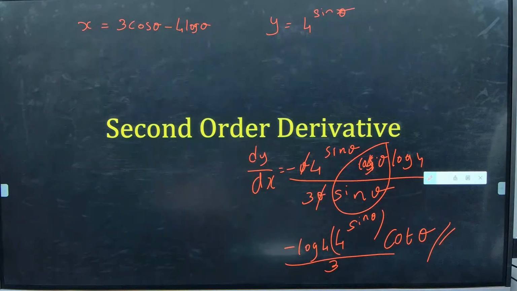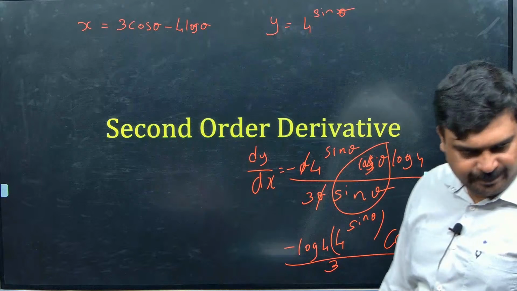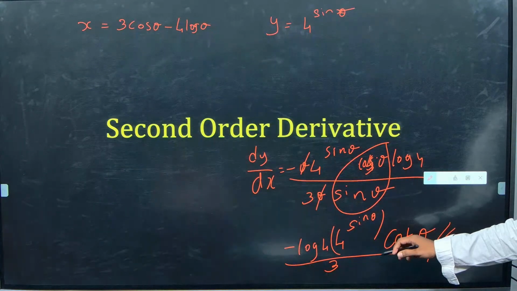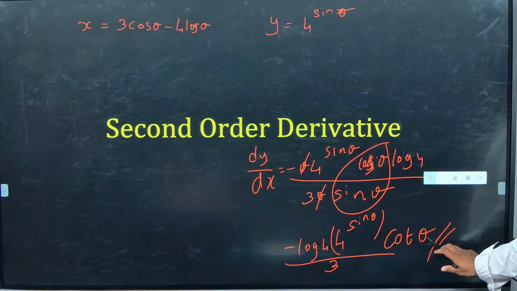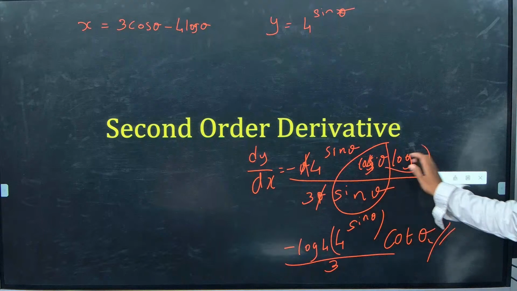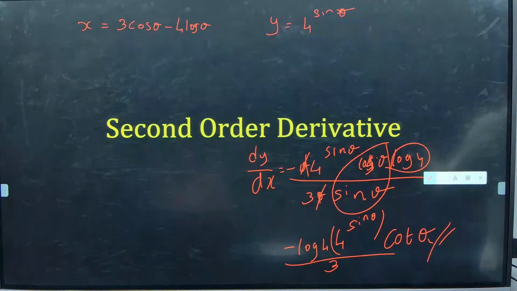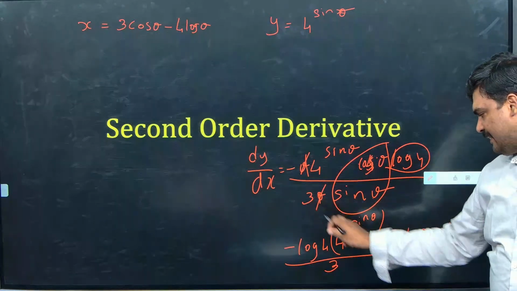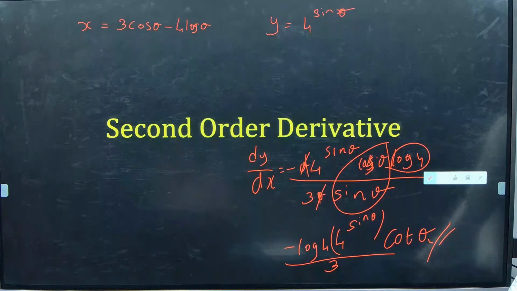Is that okay, guys? Clear? What I did now: cos theta by sin theta changed to cot theta, this theta I cancelled, and this log 4 I am writing first because it is a constant coefficient, then 4 power sin theta by the remaining 3. Nothing much, just normal algebra.